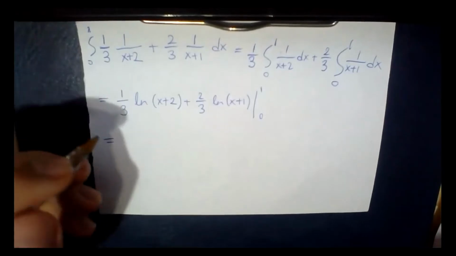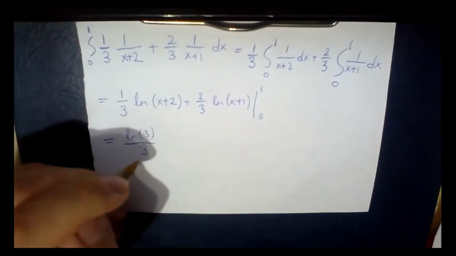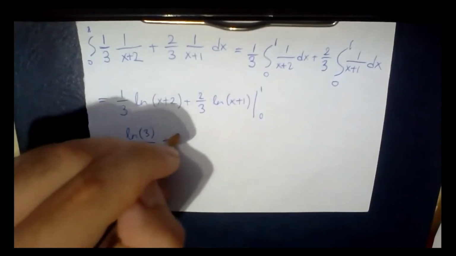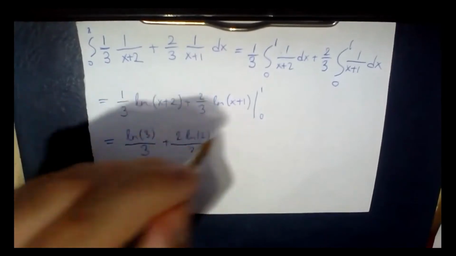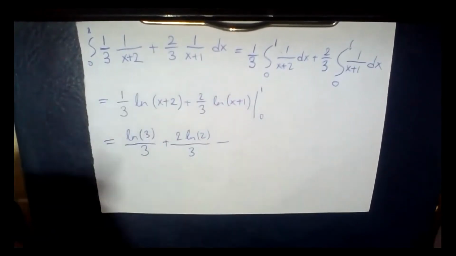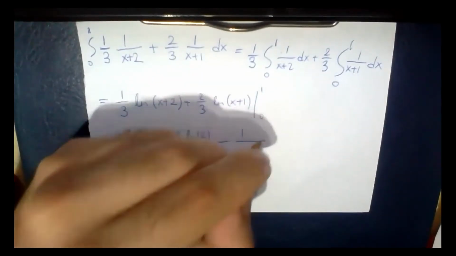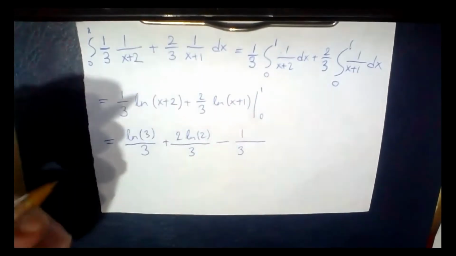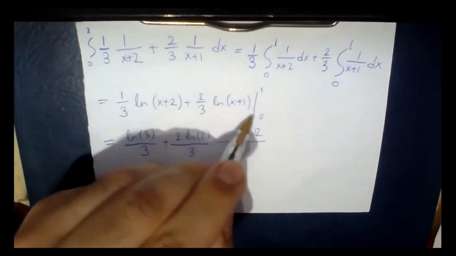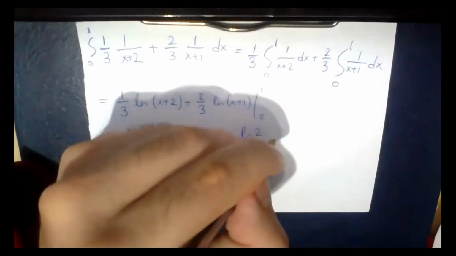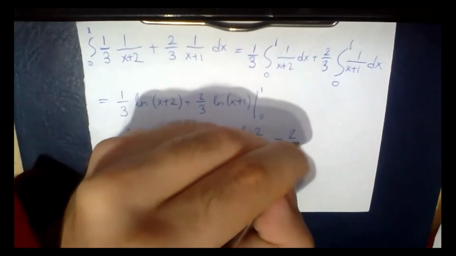When x is equal to 1, we will have ln 3 over 3 plus 2 times ln 2 over 3, minus we evaluate x at 0, so it is 1 over 3 times ln 2, and when we replace x with 0, minus 2 over 3 times ln 1.